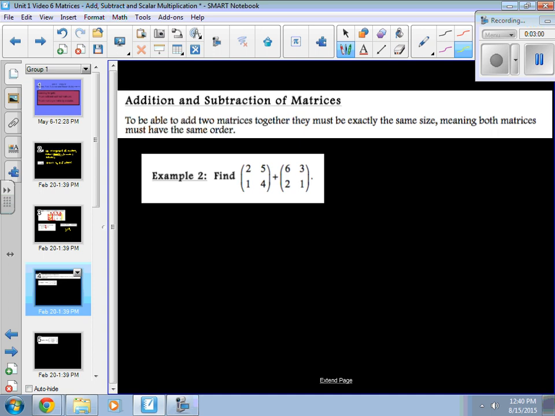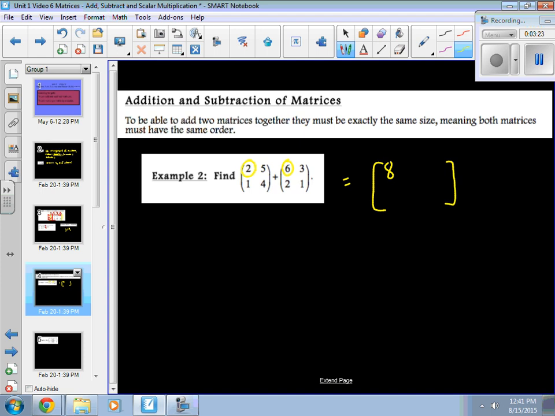In this example 2, if we wanted to find the sum or add these two matrices, you want to add the same element in the same location together to get the equivalent matrix. So this one, the answer is going to also be a 2 by 2 matrix. We want to add the same ones together. So we're going to add 2 and 6 together.